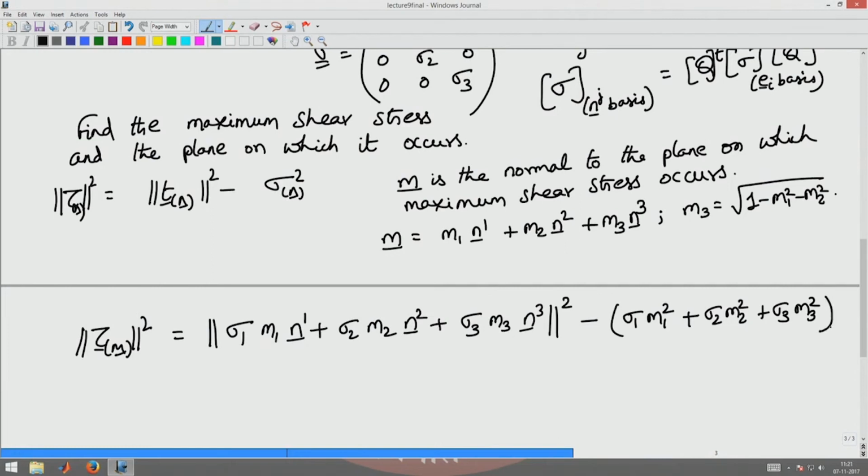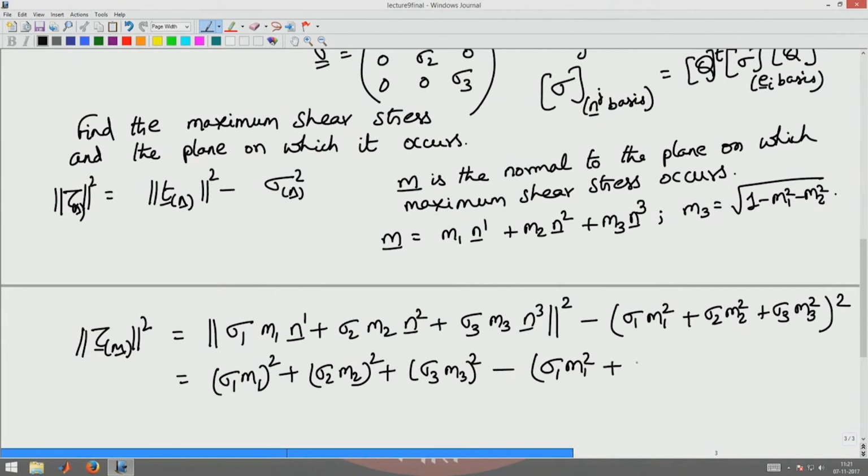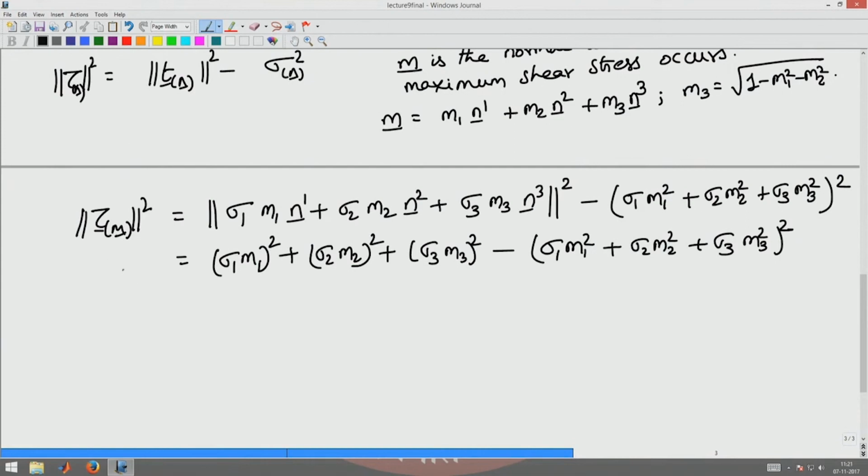Now this is nothing but sigma 1 squared m1 squared plus sigma 2 squared m2 squared plus sigma 3 squared m3 squared, minus sigma 1 m1 square plus sigma 2 m2 square plus sigma 3 m3 square, the whole square. That is tau of m square.